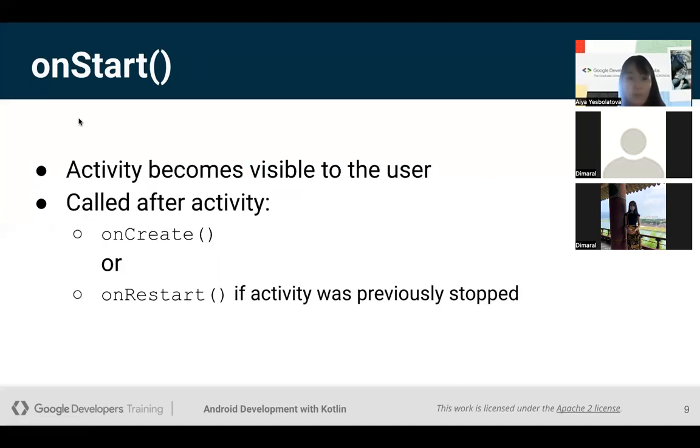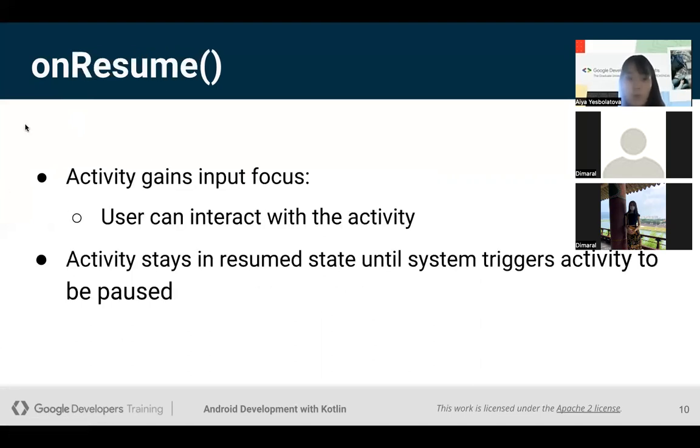Then the activity becomes visible when we have the onStart call, and it can be after onCreate or after the restart, as we saw from the lifecycle diagram. Then we have onResume, for example, when we stopped and we want to resume the activity, and it will stay resumed unless the system triggers the activity to be paused.